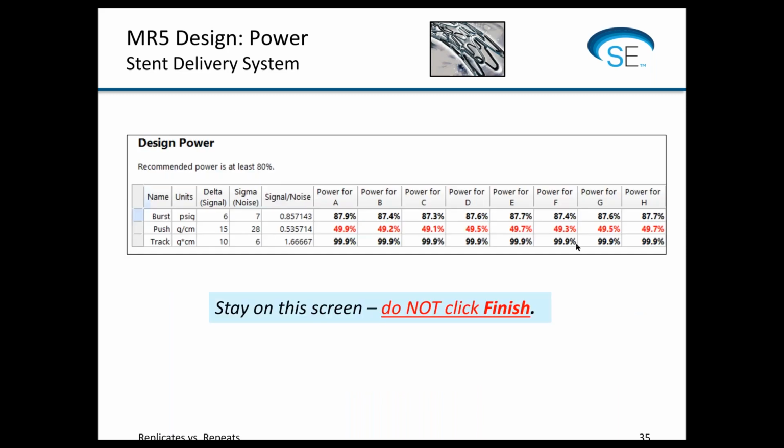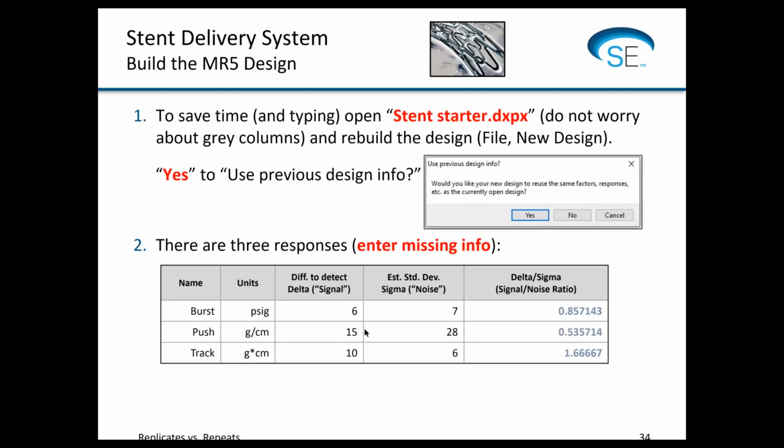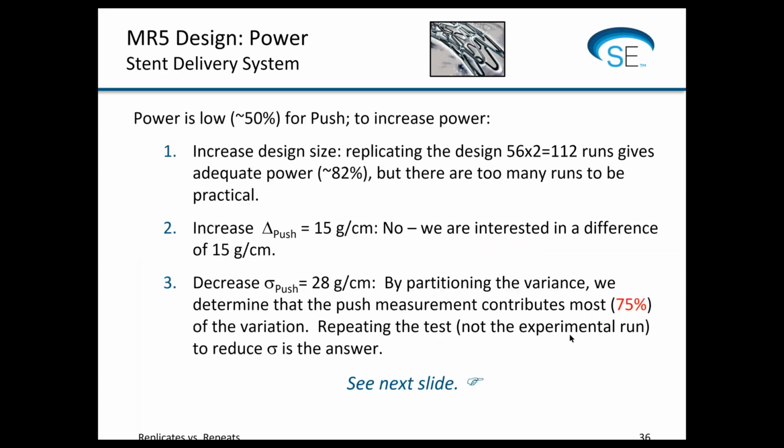Okay, so basically we're looking at this and saying, is this a reasonable delta to look for? And is there anything I can do to reduce this noise? Because either increasing this, that'll increase this ratio, or decreasing the denominator, that's going to increase this ratio.